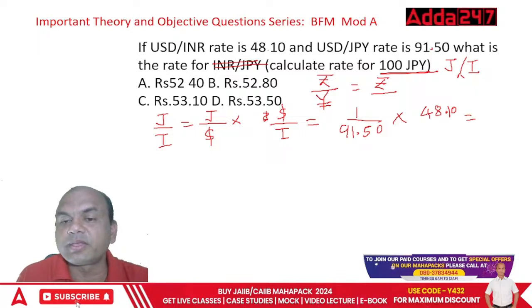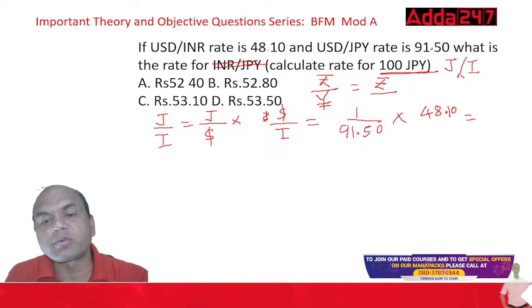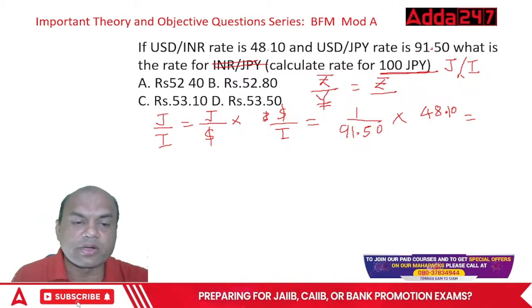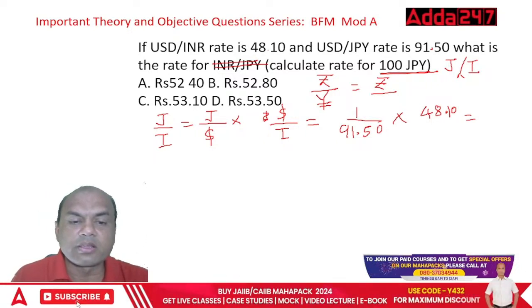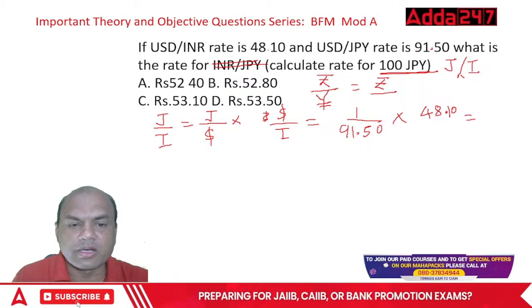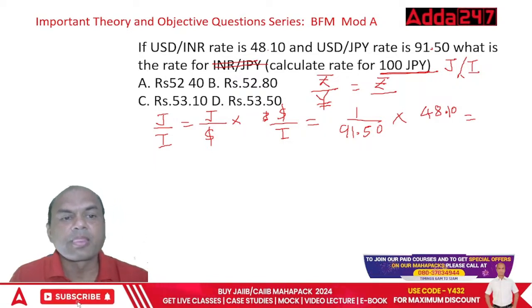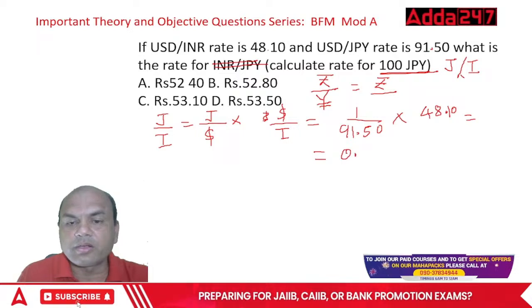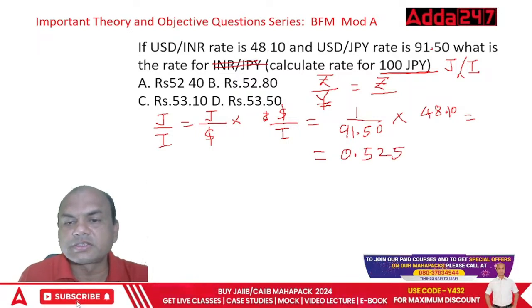Now take the answer. Everyone do it. 48.10 upon 91.50. What is the answer you're getting? 48.1 upon 91.5. So it is 0.5256, right?